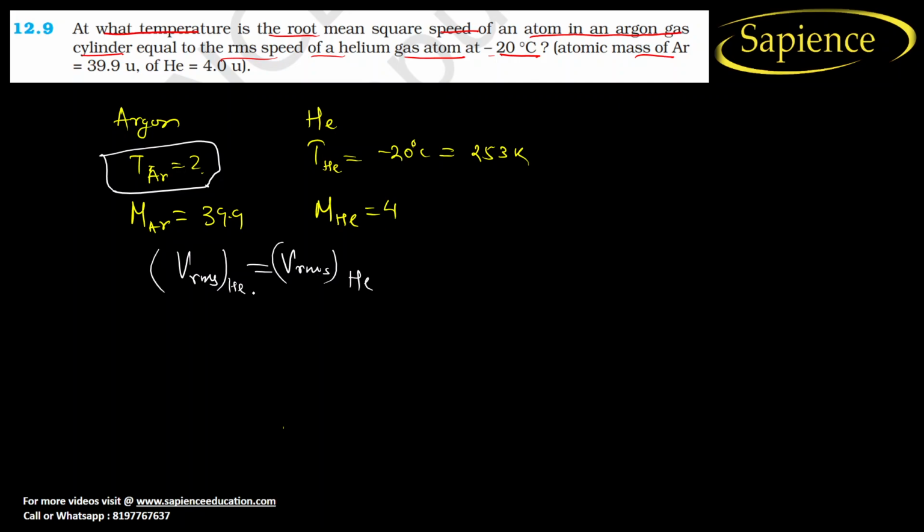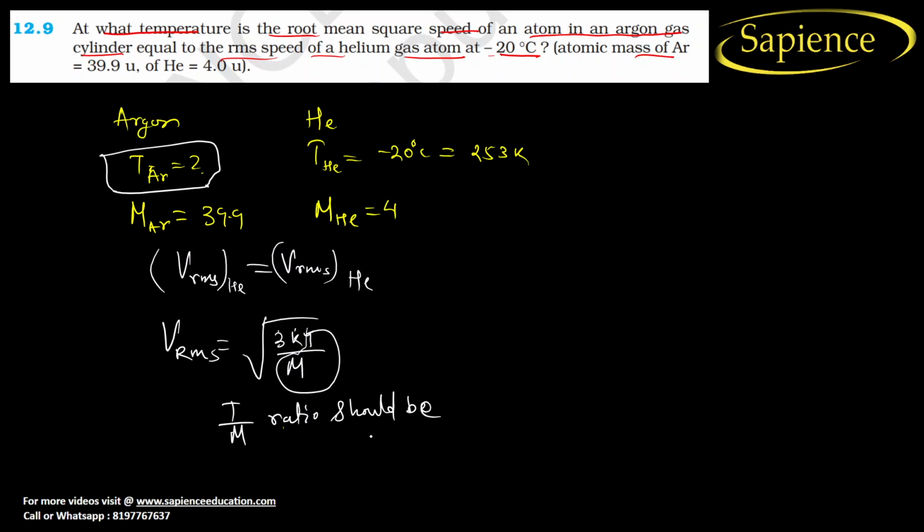Since Vrms is equal to root under 3kT by m, here 3k will remain constant. So the T by m ratio should be equal so that Vrms will be equal.